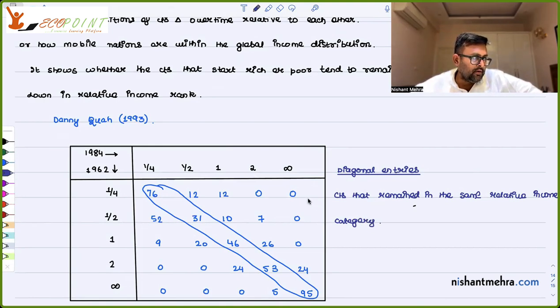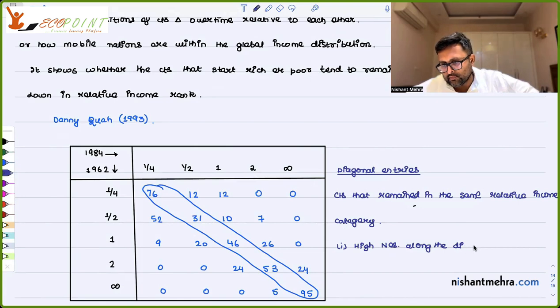Right. So if there are very high numbers along the diagonal entries, it means that there is very low mobility. Right, this point also. High numbers along the diagonal: low mobility.